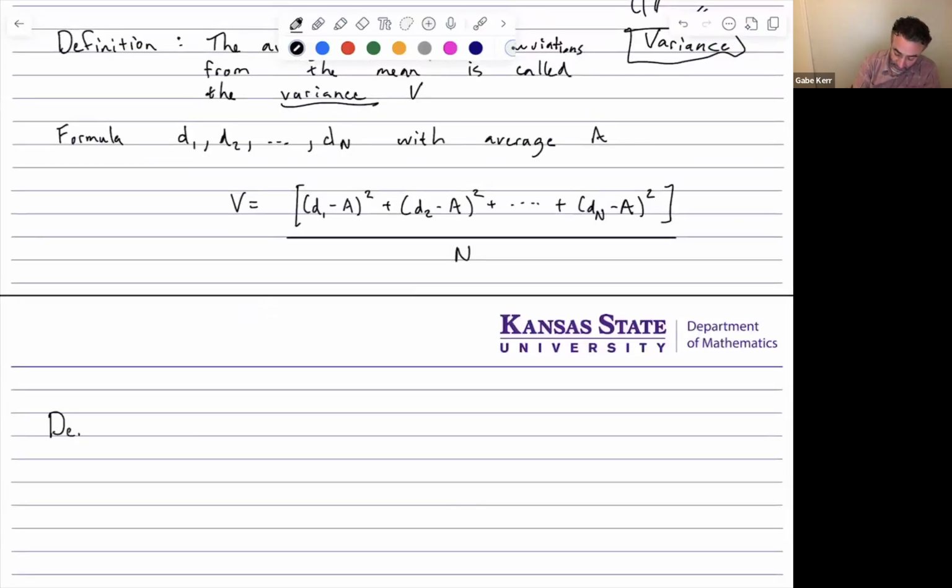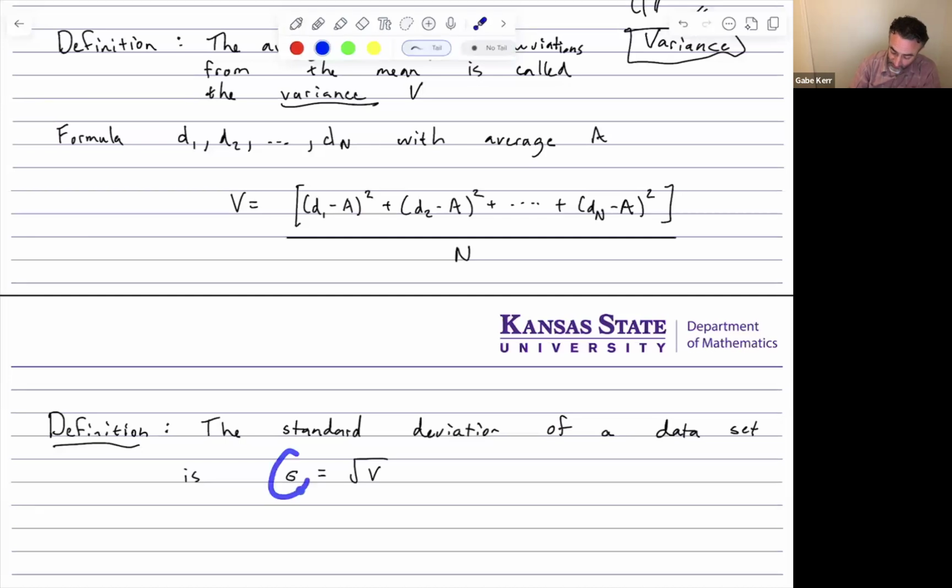Definition: the standard deviation of a data set is usually denoted by sigma, and it's the square root of V. So this symbol, if you haven't seen it before, is lowercase sigma.